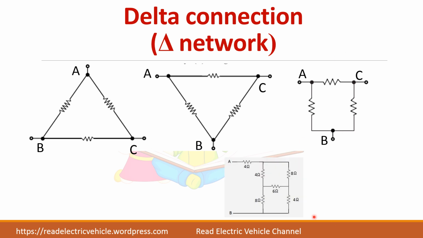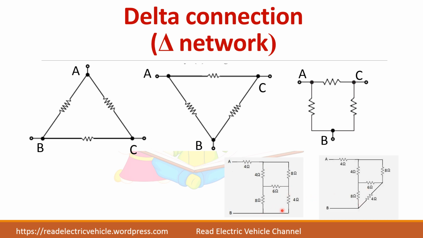For example, you take this circuit. So it appears to be a series parallel circuit. Actually, it is not a series parallel circuit because when the current comes here, it gets divided into two parts. Again, it is divided into various parts. So it is not a series parallel combination. So you can see here one delta is there, here one delta is there.